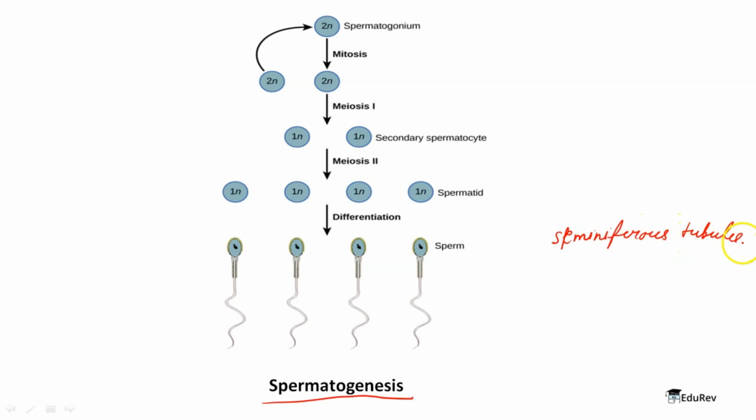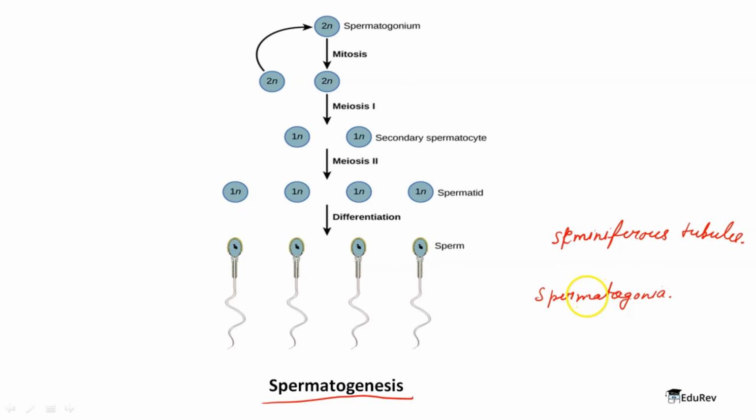It starts after puberty has reached the males. When we studied the structure of seminiferous tubules, we saw the germinal cells called spermatogonia. What are they called? Spermatogonia. The spermatogenesis is going to start from spermatogonia.